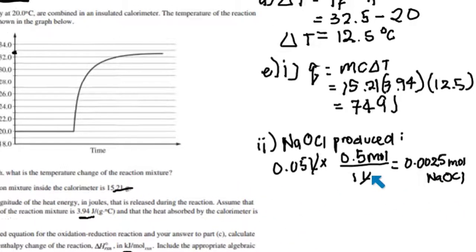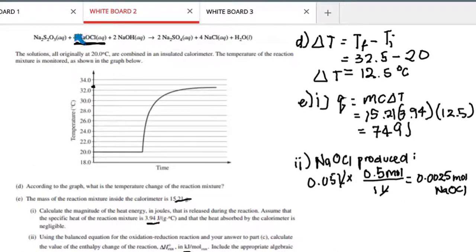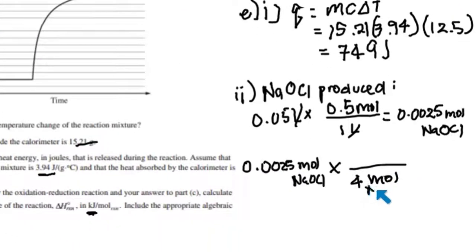Now we want to convert that to mole reaction. So the mole ratio for NaOCl is 4 moles of NaOCl for 1 mole reaction. So we have 0.0025 moles of NaOCl times 1 mole reaction for 4 moles of NaOCl.